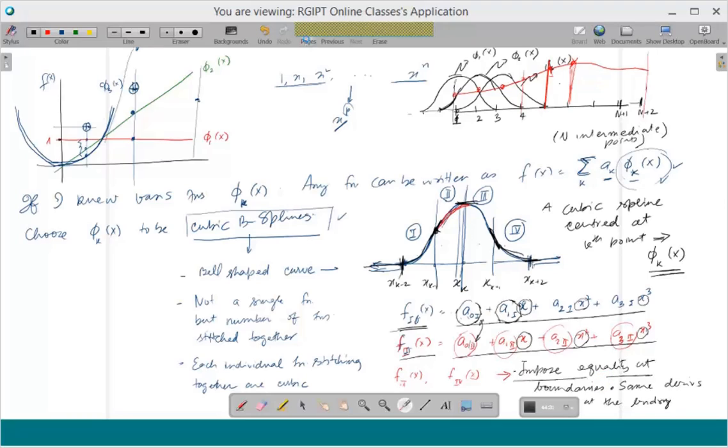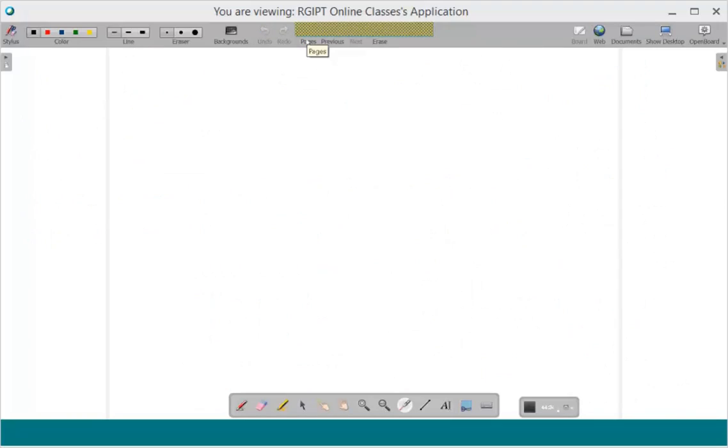So at the end of the day I'm going to get a form that I'm just going to write down. Instead of phi k, I'm going to call them bk's now. b is for B-spline. So those basis functions I'm going to call bk(x). So bk(x) happens to have the following form.